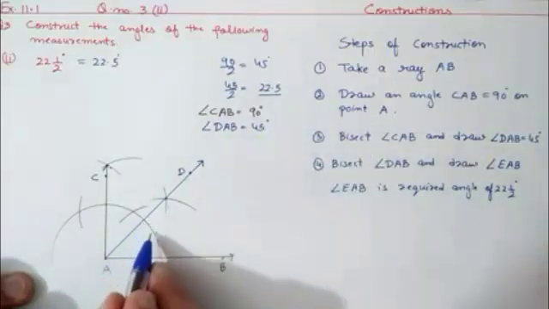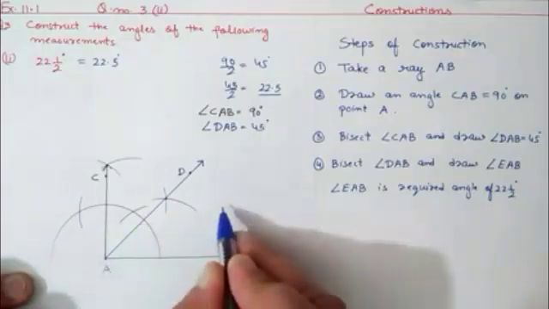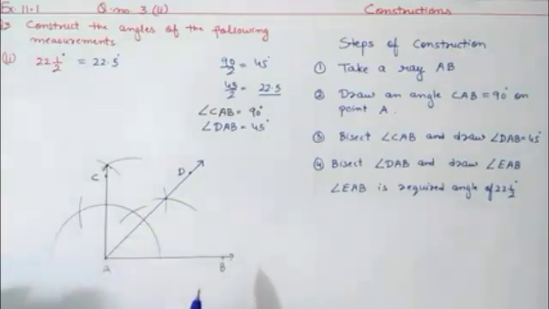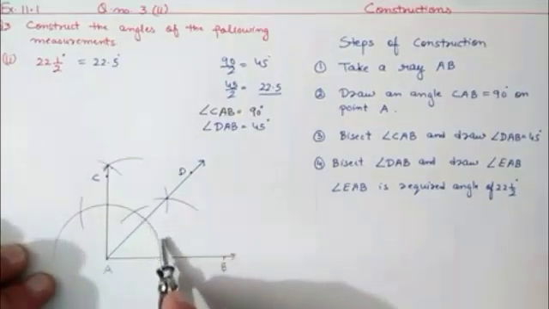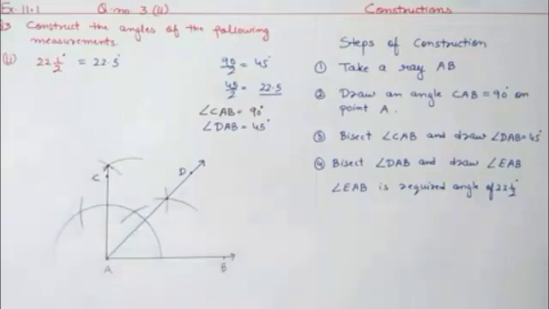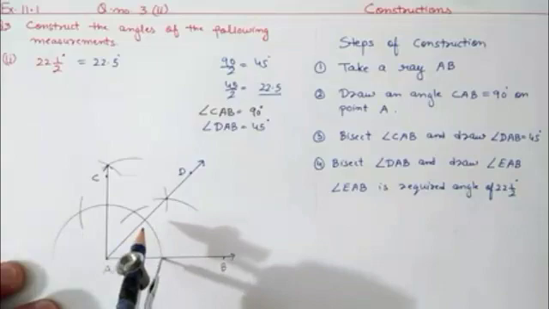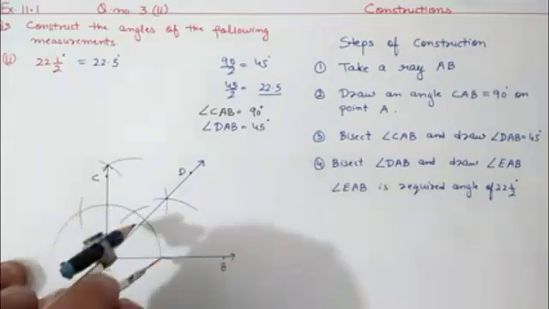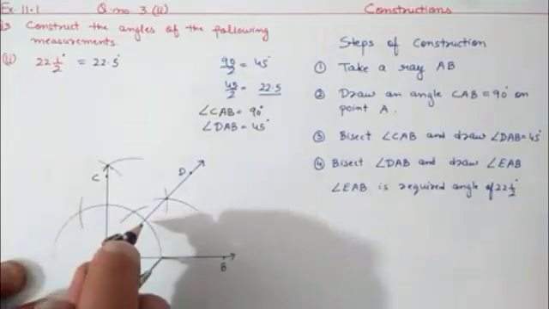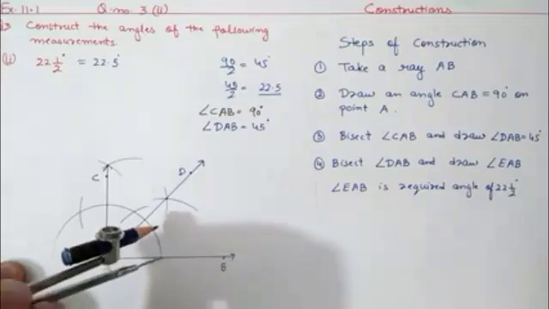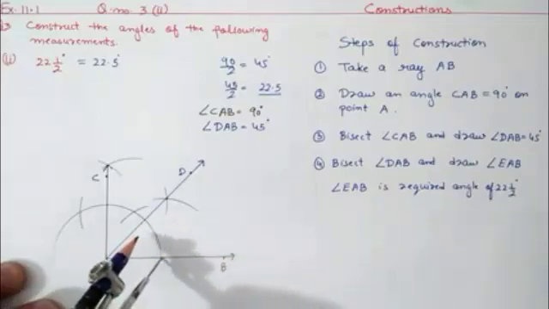Okay, now we will again measure this 45 degree arc to make the half of 45. So now we are measuring this 45 degree. So here we have taken the radius of 45 degree, little less than that.